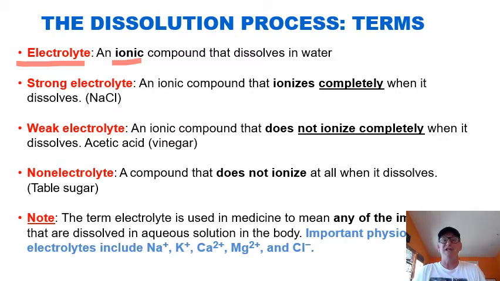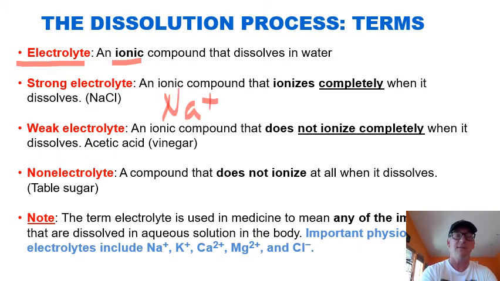Ones that ionize completely, so they completely fall apart, like sodium chloride. When sodium chloride dissolves in water, 1 mole of sodium chloride will give you 1 mole of sodium ions and 1 mole of chloride ions, or one equivalent, remember, of each one.